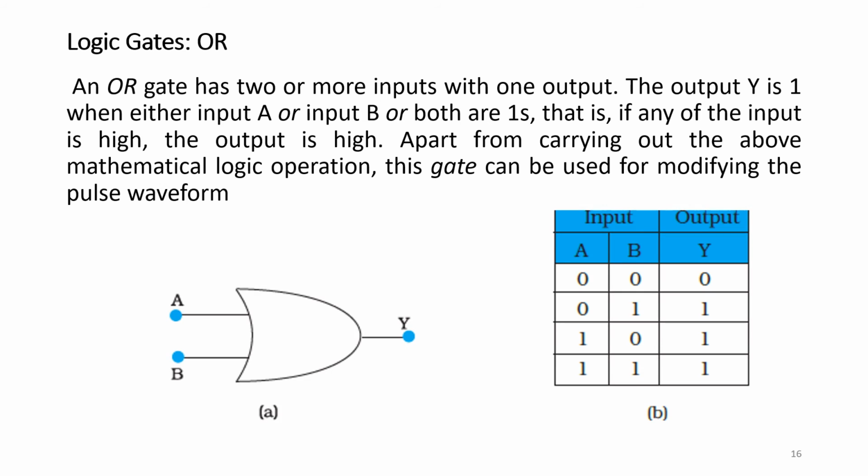OR gate. An OR gate has two or more inputs with one output. The two inputs are A and B. The OR gate is represented as shown in the figure.